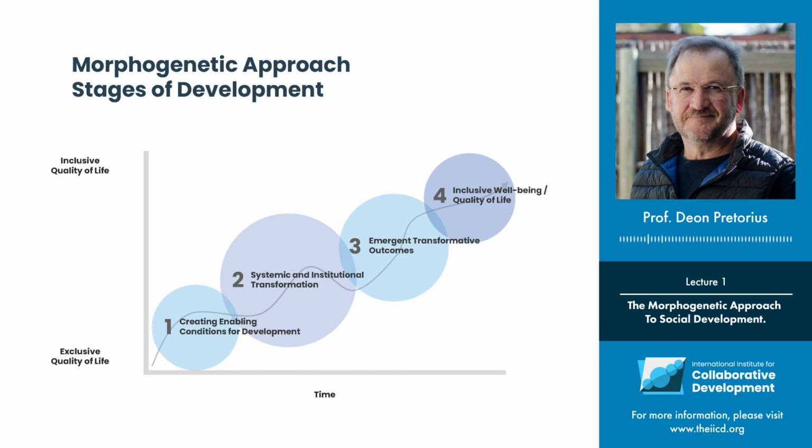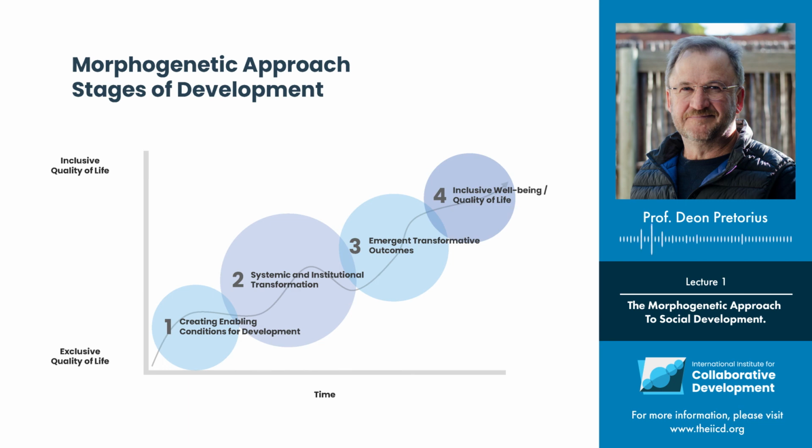So stage 3 is what happens when institutional systems start functioning as they are supposed to function, which means that they serve society in a general sense of the word. And if they start performing that function after a while, then the transformative results emerge by themselves, and the role of intervening development agents, facilitating a process of change, becomes less and less.